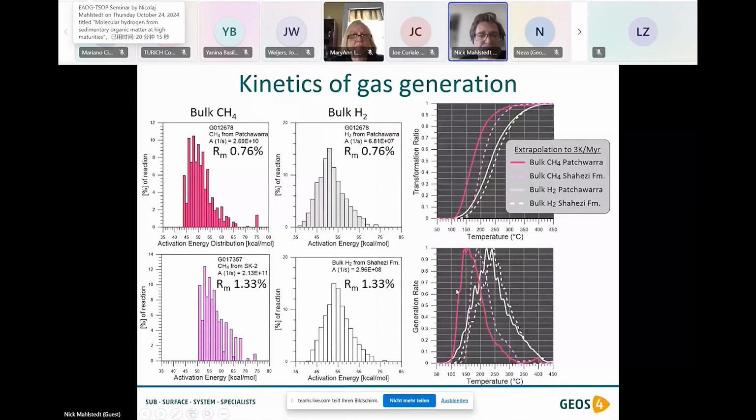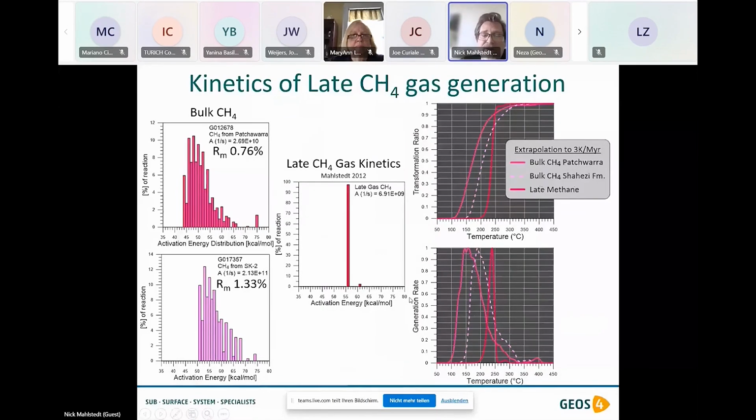Generally, those broad activation energy distributions really imply that there are many different precursor structures or different bond types, and also perhaps different reaction mechanisms leading to the formation of those gases. This is quite in contrast to late methane generation under closed-system pyrolysis conditions, which I assessed during my PhD thesis.